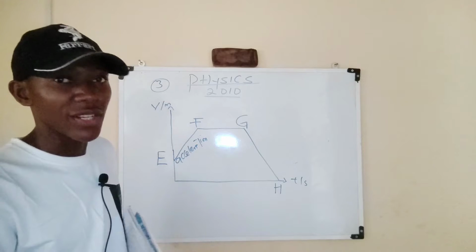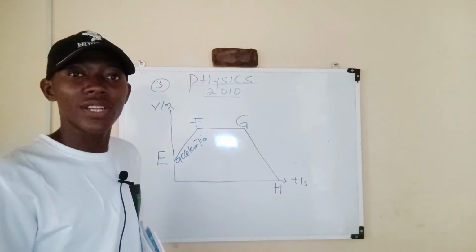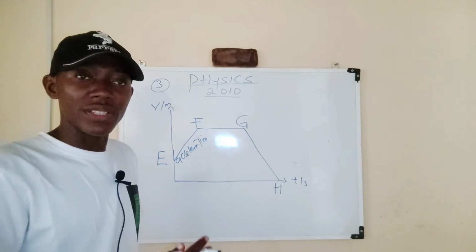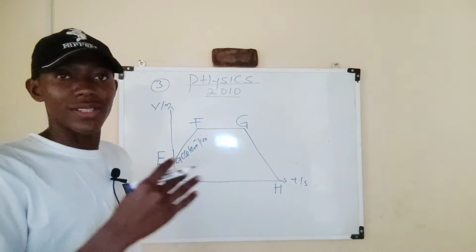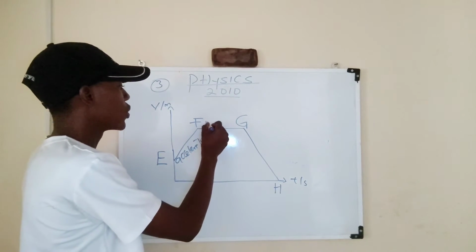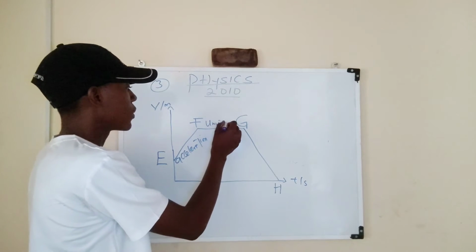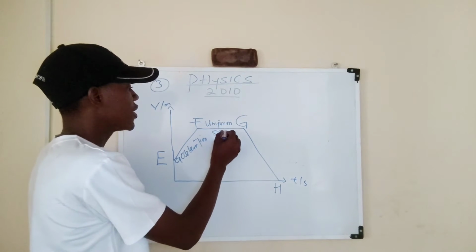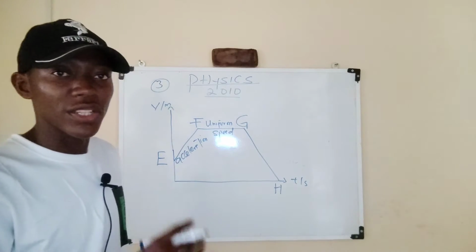It will remain like that. So we say this car is no longer changing its speed. It is not increasing the speed, and it is not decreasing the speed. At that point, we say the car has a uniform speed.